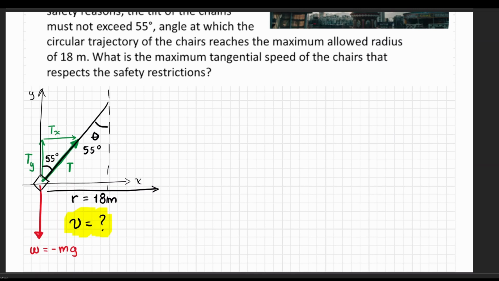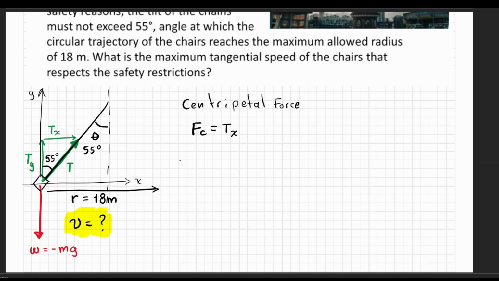So how can we start this problem? We have to look at the centripetal force. Since this is a problem of circular motion, the centripetal force will be important, and we see that the centripetal force in this case is provided by the tension along the x-axis, because it's the force that points to the center of the trajectory.